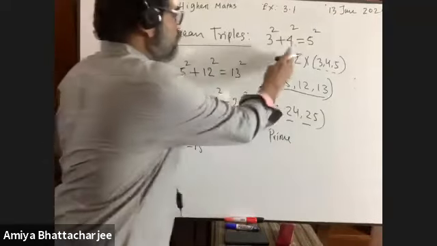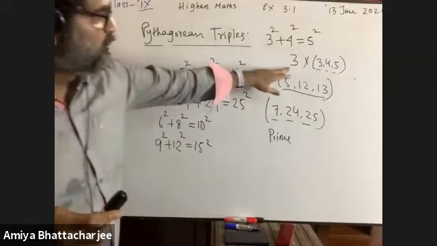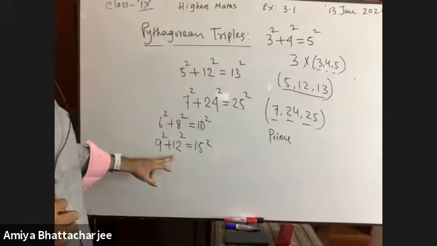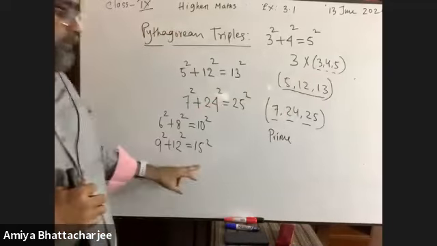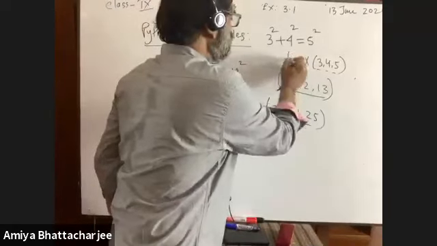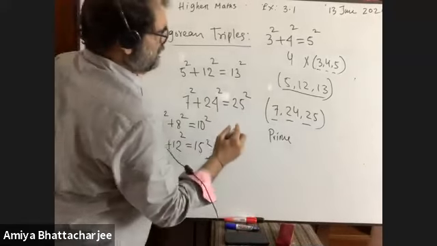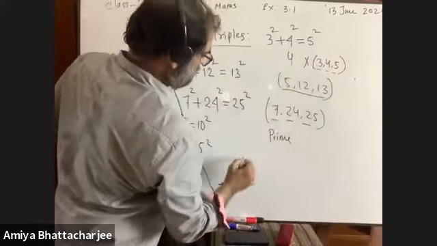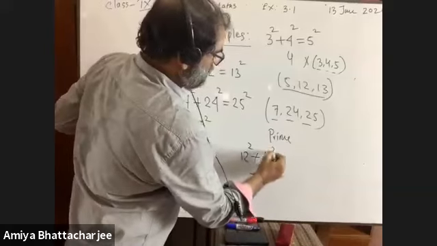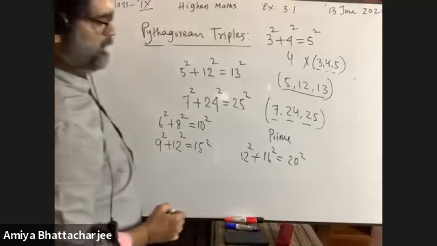If I multiply with 3: 3 into 3 equals 9, 3 into 4 equals 12, 3 into 5 equals 15. Even if I multiply it by 4: 3 fours are 12, 4 fours are 16, 4 fives are 20. 20 square. Have you got me?